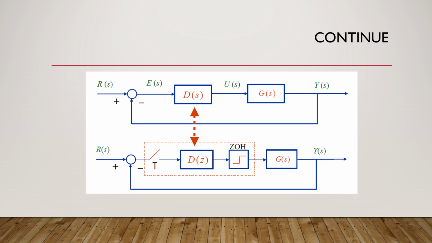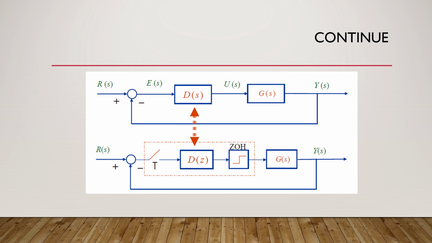In the second block diagram, we have R of S and then T, and D of Z is basically the PI controller in discrete time. Then we use the ZOH operation, and G of S is the plant transfer function and Y of S is the output.